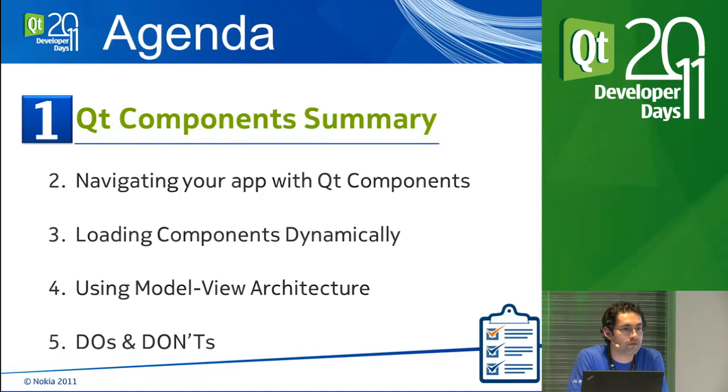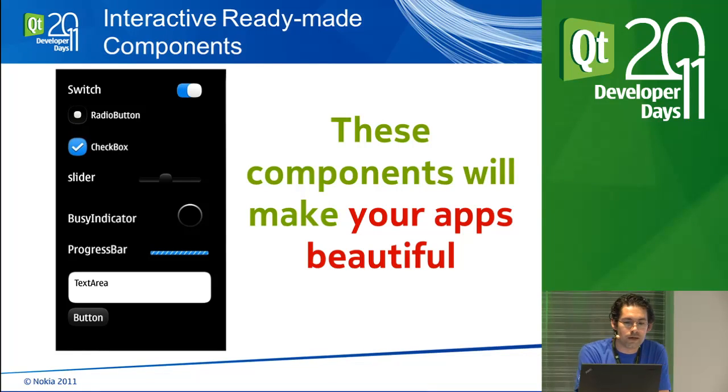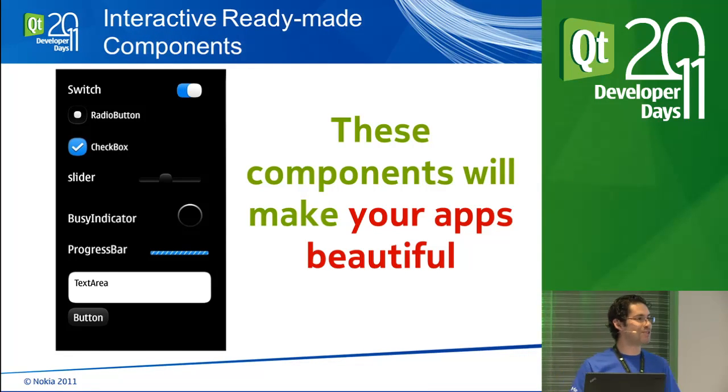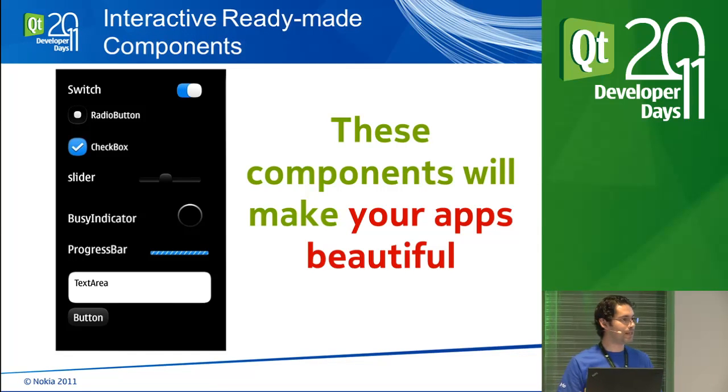So, starting with a brief summary of what Qt components are. I have divided this, not like an official division of the thing, but this is how I see it, in 2 kinds of components. The first one is the components that will make your application beautiful, and these are the components that you might be expecting.